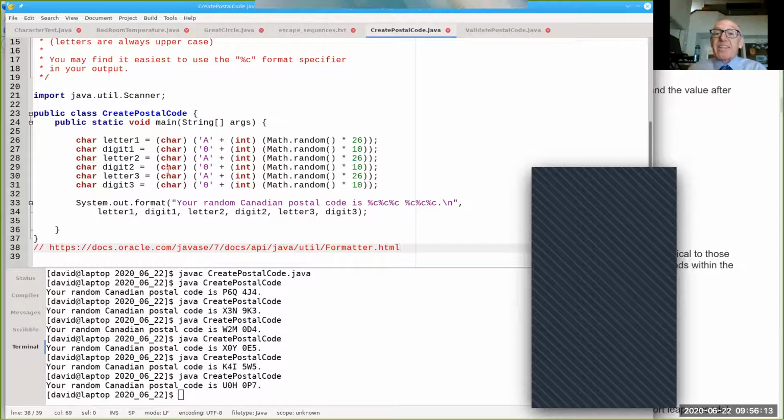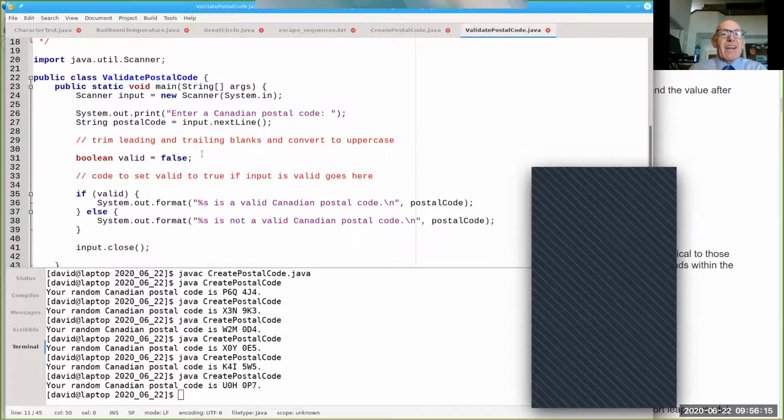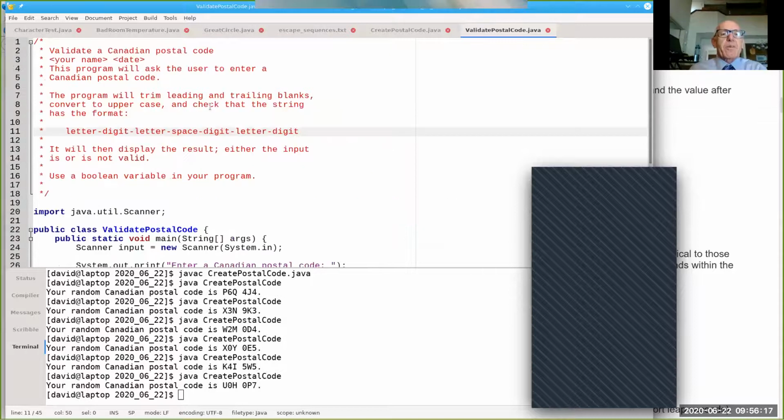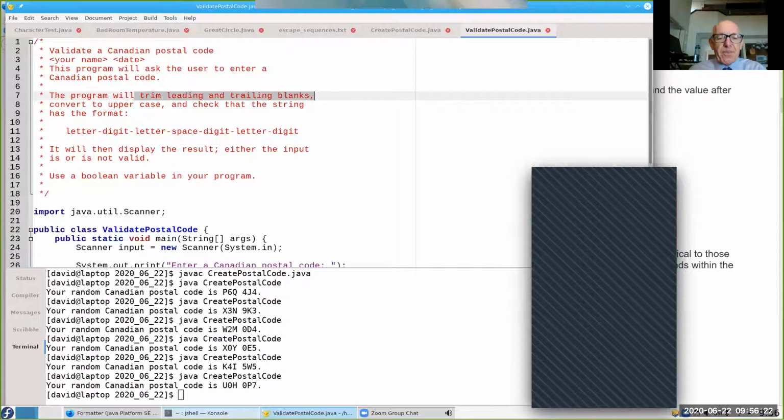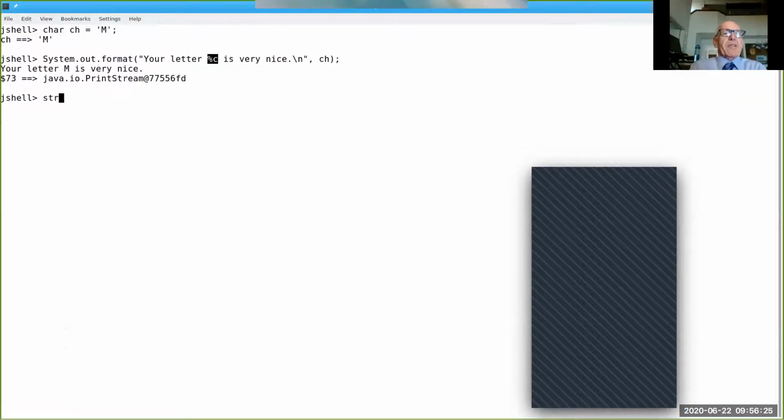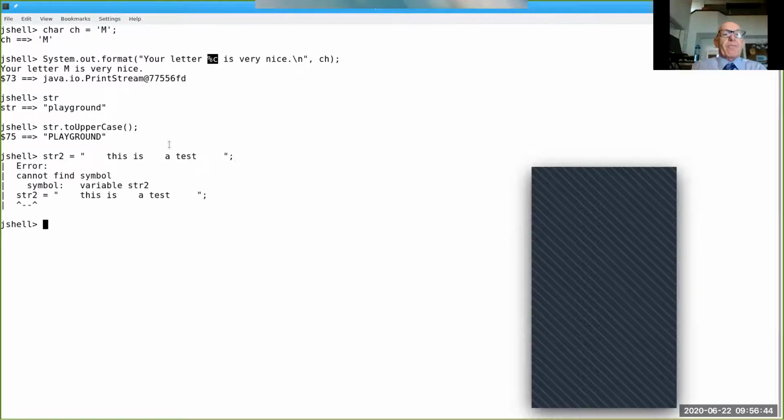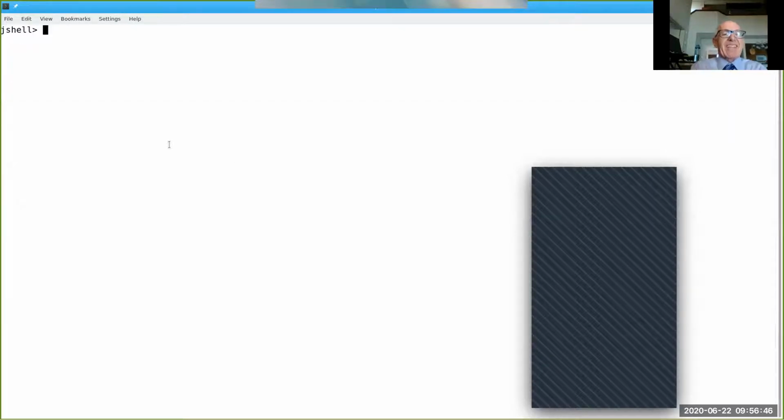Now, in order to do the validator code, there's something that we're going to have to do, because one of the things I wanted to do is trim the leading and trailing blanks and convert to uppercase. I've already talked about this. Remember, our string was playground, and I can say string.toUpperCase.